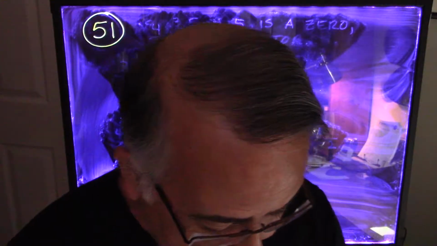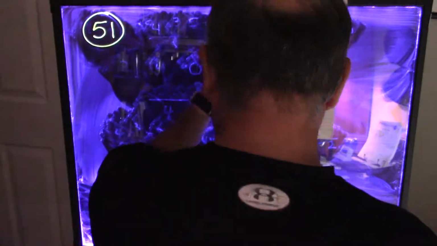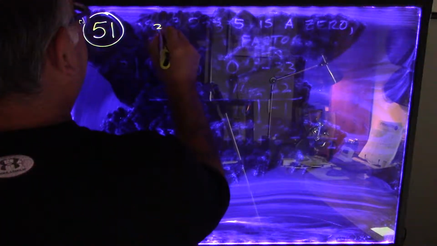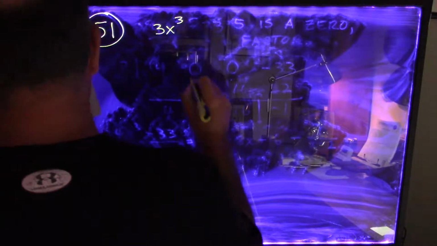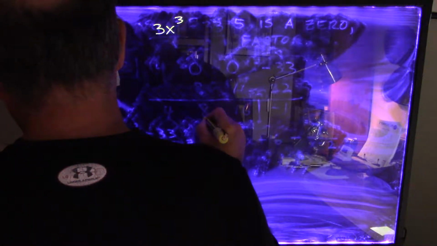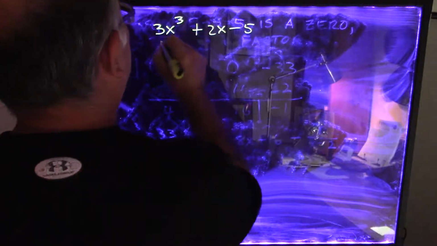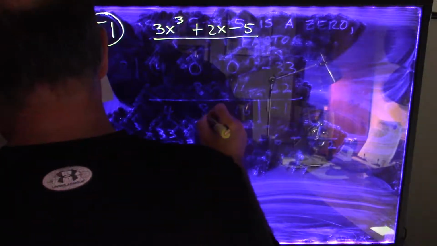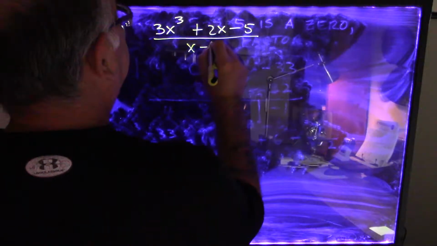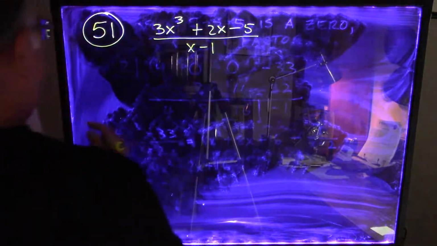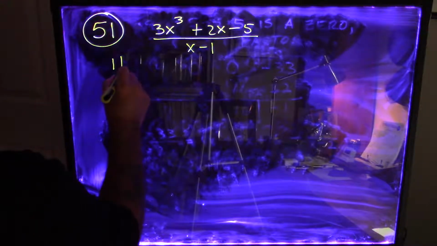Okay, 51. 3x cubed plus 2x minus 5 divided by x minus 1. So we put the 1 in the upper left corner.